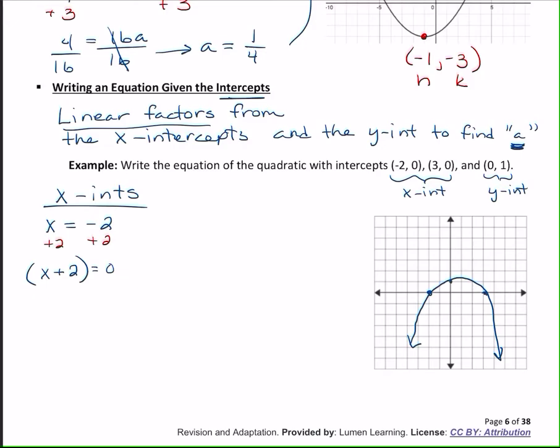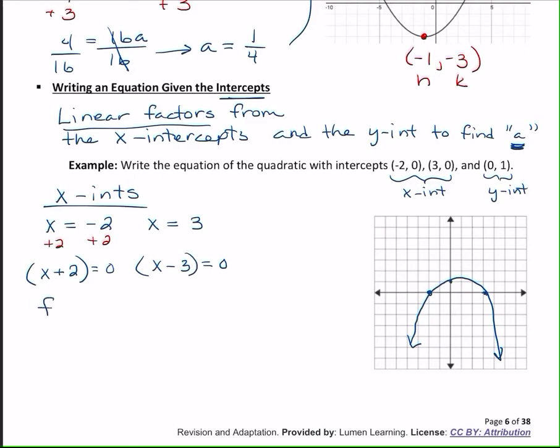X plus 2 is the linear factor. So basically you're just changing the sign because you're moving it to the other side. The other one, I would have x equals 3. As a factor, that would be x minus 3 equals 0.